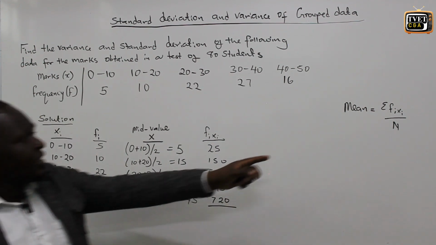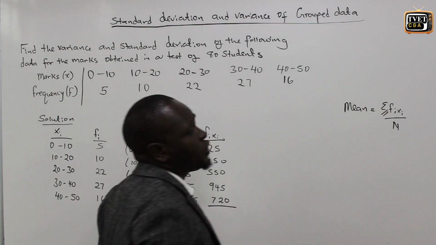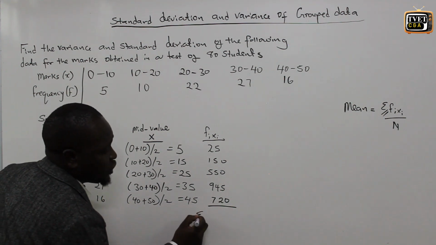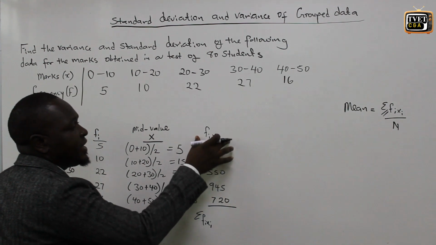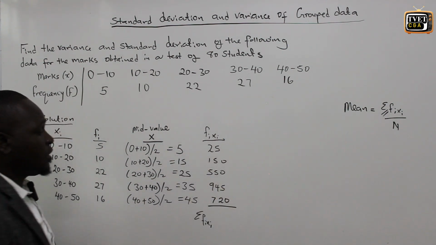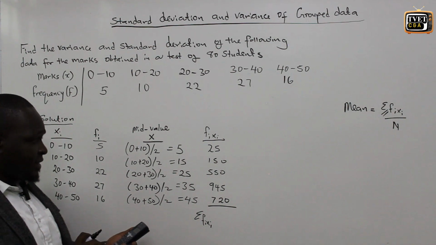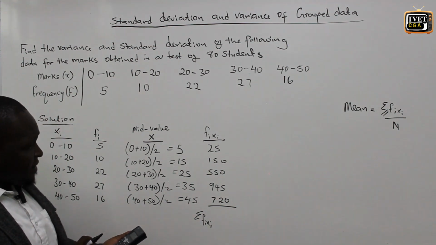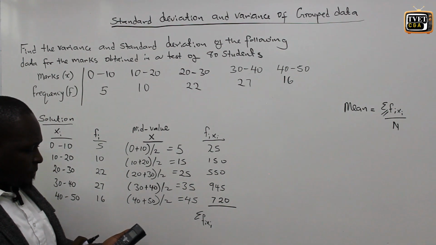Now, this sign, from our tutorial, means summation. If you want to find the mean, you say the summation of fixi. You add everything in this column, which will be 25 plus 150 plus 550 plus 945 plus 720.